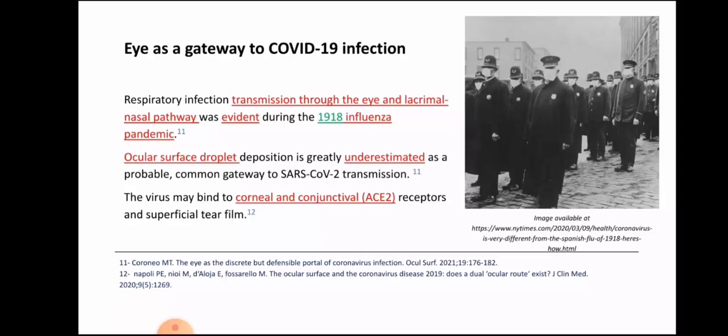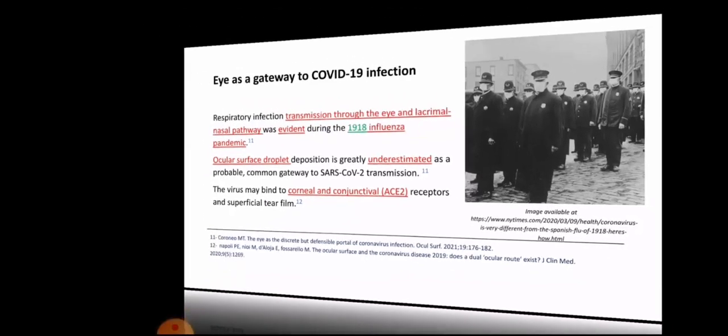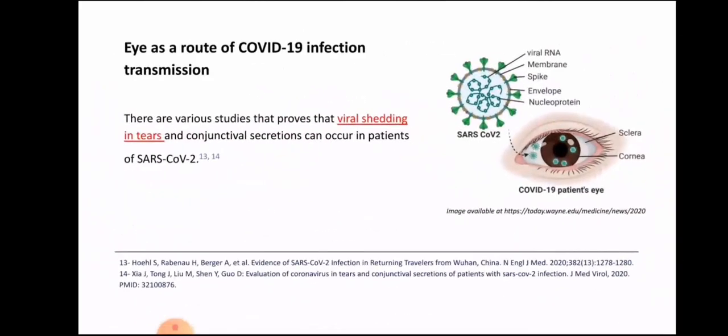The transmission of infection occurs by binding of the virus to ACE2 receptors in the conjunctival and corneal epithelial cells and in the superficial tear film. It has been proved that the eye can be a source of infection by viral shedding in conjunctival secretions and tears, which has been shown by different studies.